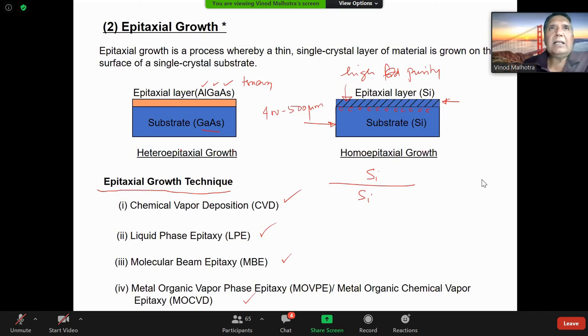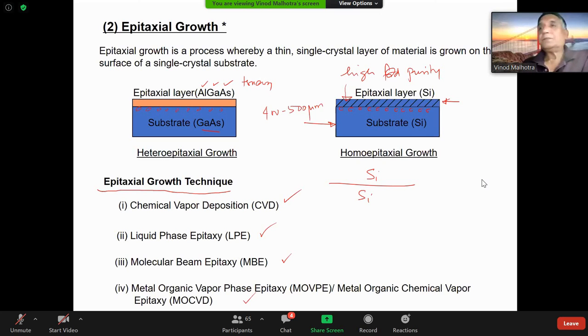And of course, this grows using the template below. It turns out that some compositions of aluminum gallium arsenide have exactly the same crystal structure and atom orientation as gallium arsenide. So the templates work out perfectly. You grow them on top of each other and you don't get defects at the interface.